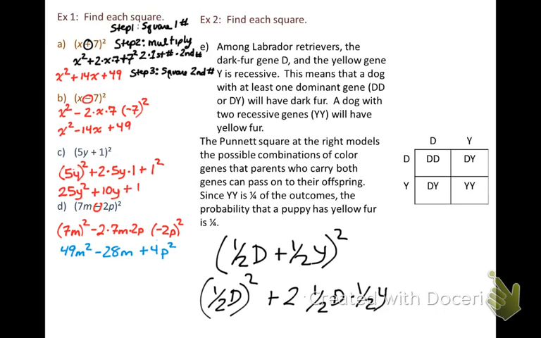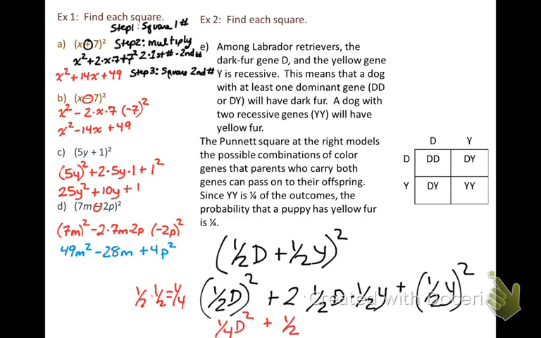And then we're going to square the second number, which would be 1/2 Y, and square it. Maybe you know or don't know what 1/2 times 1/2 is. That would be 1/2 times 1/2, which equals 1/4. So it'd be 1/4 D squared. And then this would be 2 times 1/2, which is 1, times another half, which would be 1/2.